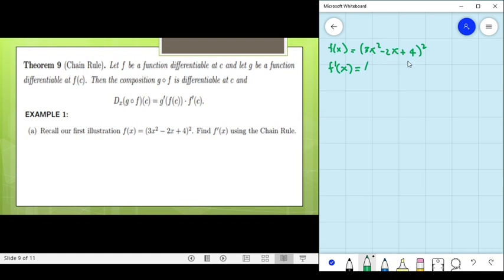So we can first simplify this using the special product formula. First, we square 3x squared, so it becomes 9x to the 4th. Then the square of negative 2x becomes 4x squared. And the square of 4 is 16.